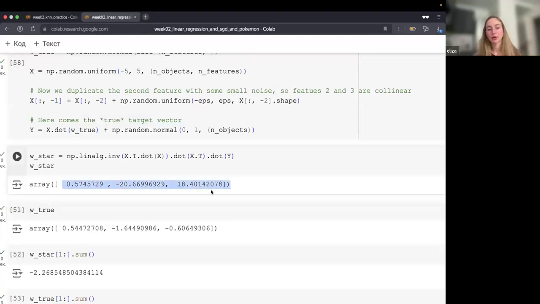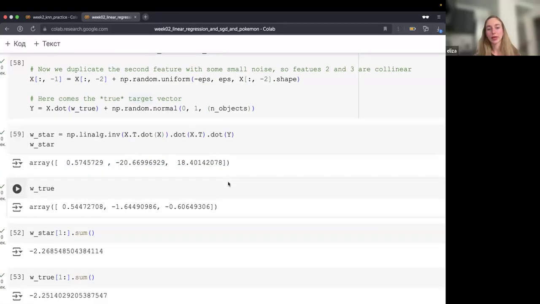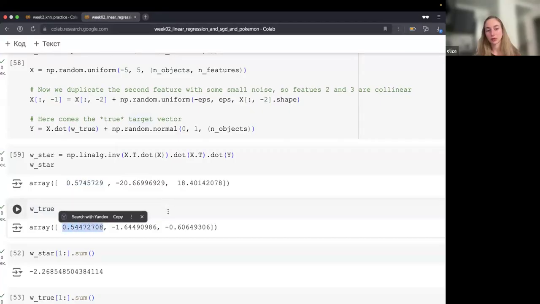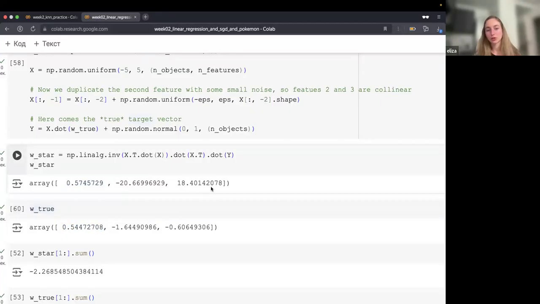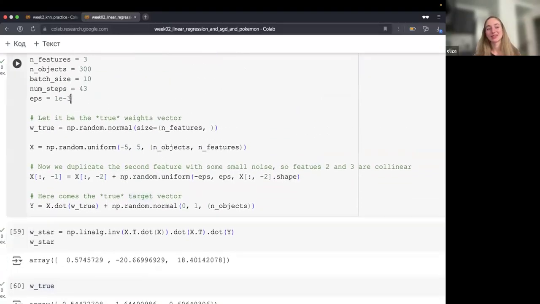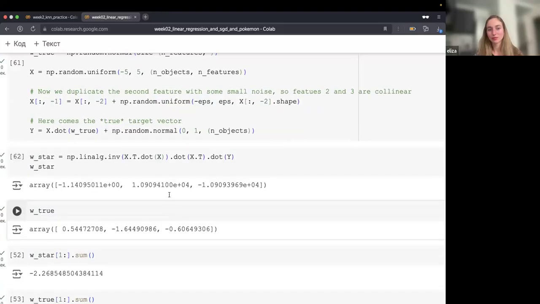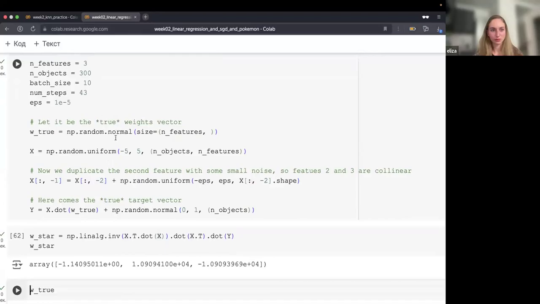This is our calculated weights, and these are our true weights. We see that the first feature is really close, but what happened with the third and second features? It's something strange. Let's change the noise.